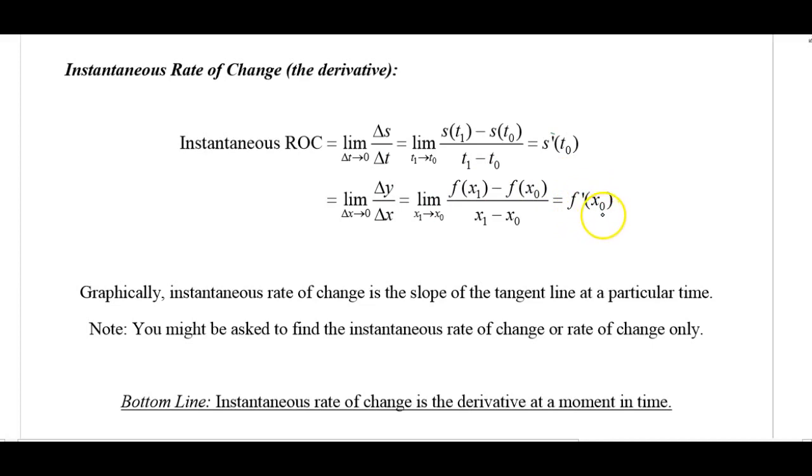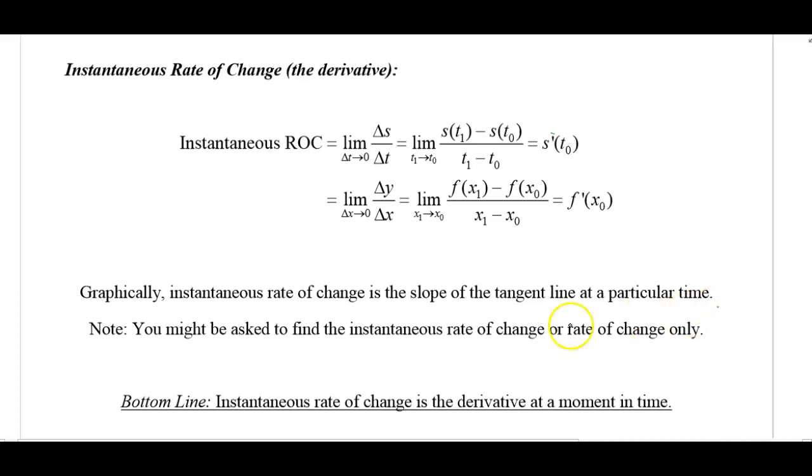So when asked to find instantaneous rate of change, it's equivalent to asking to find the derivative. And the derivative, we said, was the limit of a difference quotient, the slope of a tangent line, and finally, the instantaneous rate of change. Graphically, instantaneous rate of change is the slope of the tangent line at a particular time. So now we're really connecting those three different definitions of the derivative.